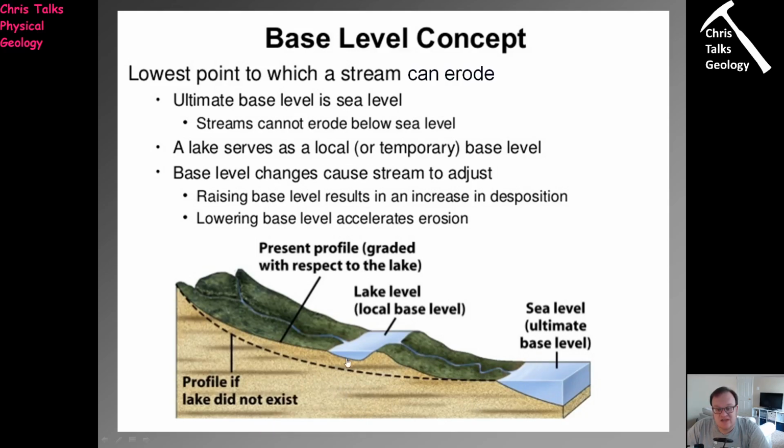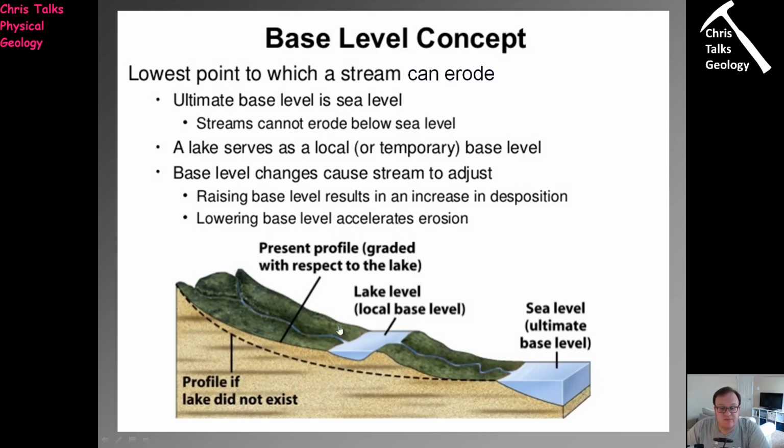Now, what will eventually happen is, given enough time, either this side of the lake here will weaken and the lake will catastrophically empty, in which case the lake's lost. When the lake's gone, then all of the river will try and erode towards this nice concave profile with the sea as the ultimate base level. Or the other option is, maybe over time the lake will completely silt up.